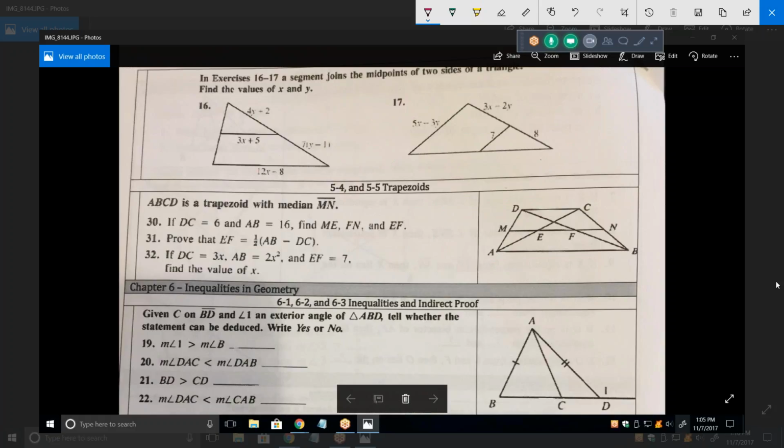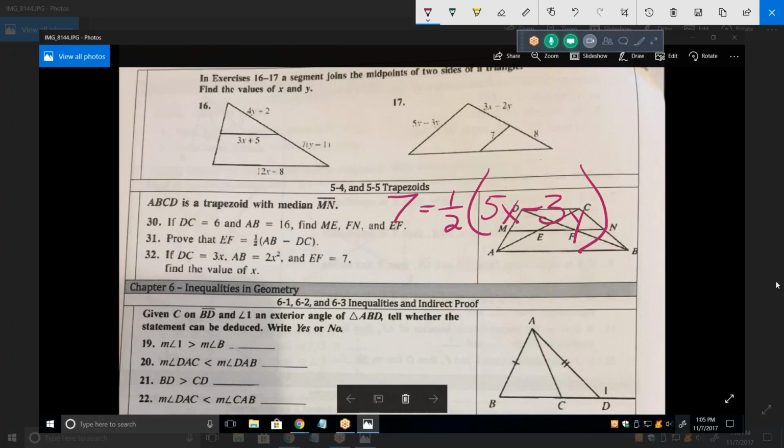Give me at least one equation. It's 7 equals half of 5x minus 3y. I think that's 5x minus 3y. Next to positive.